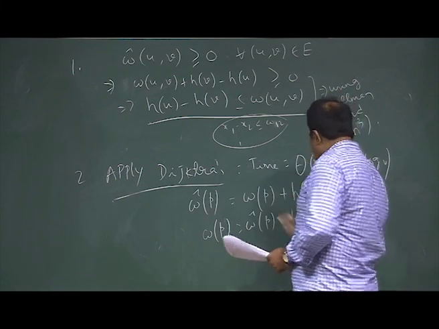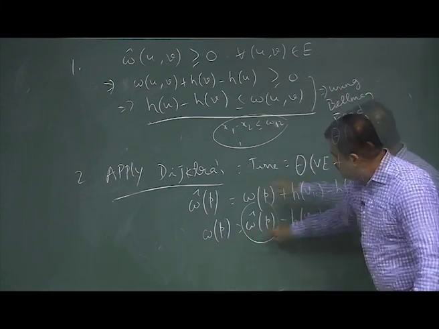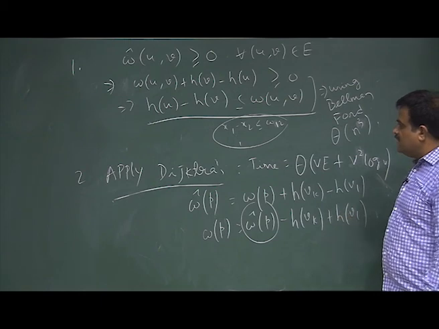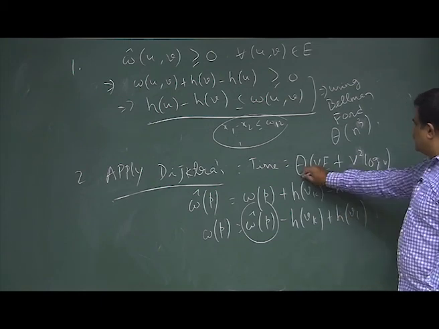We know this function h and we know this from step 2, so we get this. So the run time is basically this one.